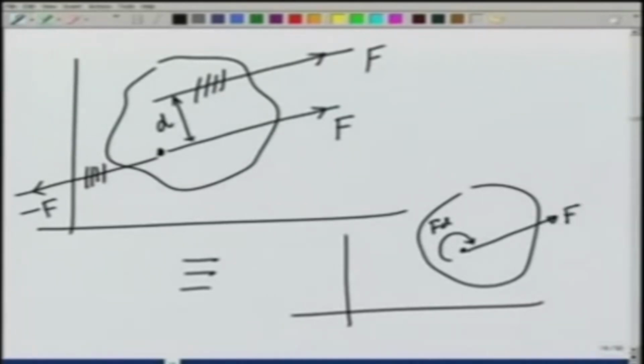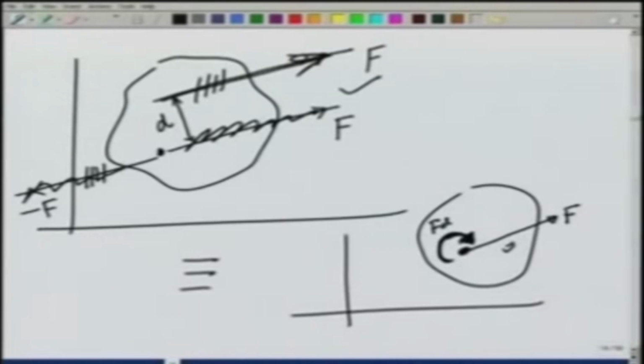What I have done is transferred the force parallel to itself to this point and consequently, to keep the entire dynamics or statics the same, I had to apply an additional torque here. The effect of this torque and this force, these two elements, is exactly the same as the effect of that single original force applied here without these on the body.